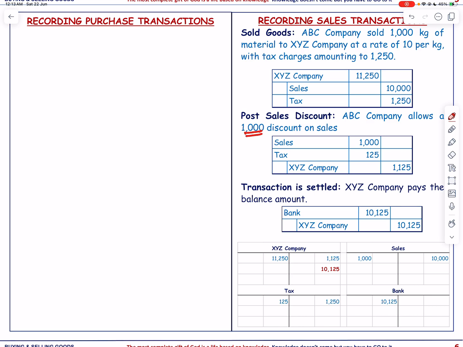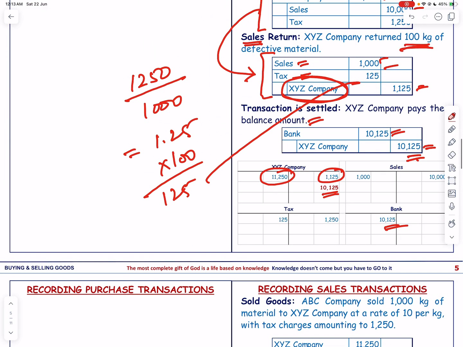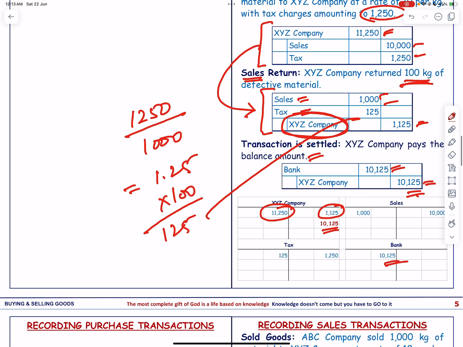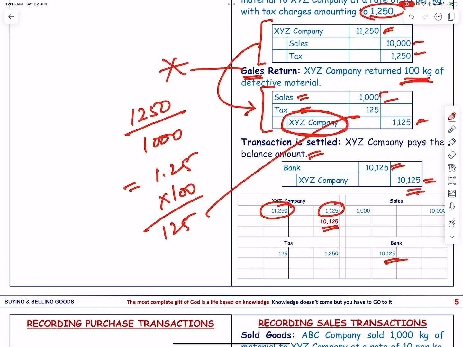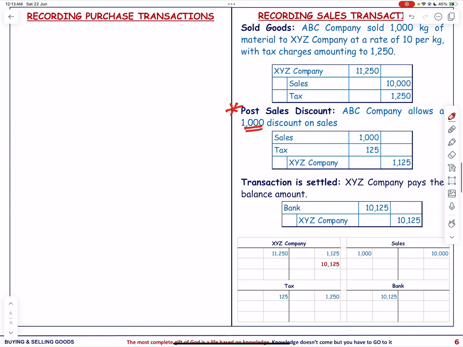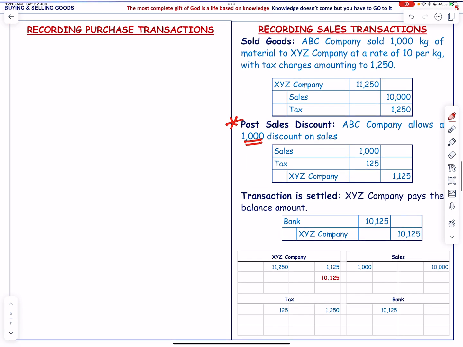So the treatment of the transaction remains the same regardless of whether there is a subsequent sales return or there is a discount. And the reason is that in both the cases, in either case the sales account is going to decrease, and when it is going to decrease, we have simply reversed the initial journal entry.